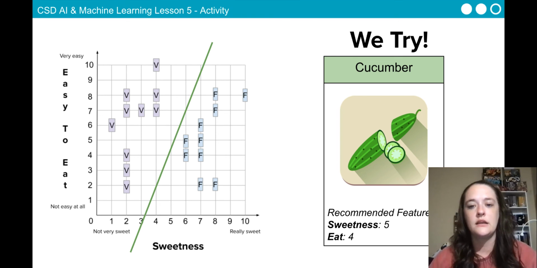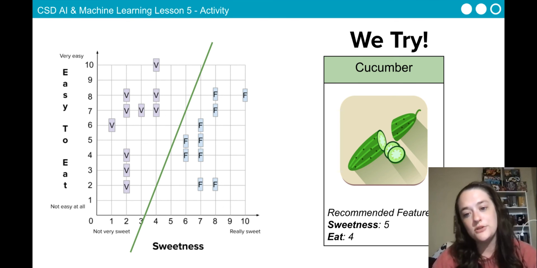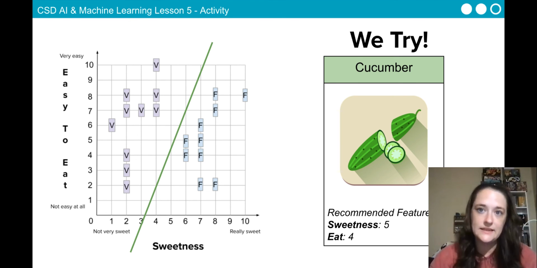But again, a cucumber is technically considered a fruit because of the seeds. But when we are preparing food, we use it like a vegetable. And I definitely call a cucumber a vegetable. So think about that. Where does it fall in your chart? And then include that on the discussion board, okay?